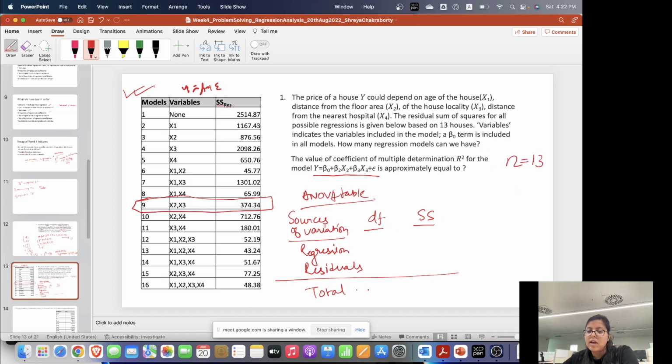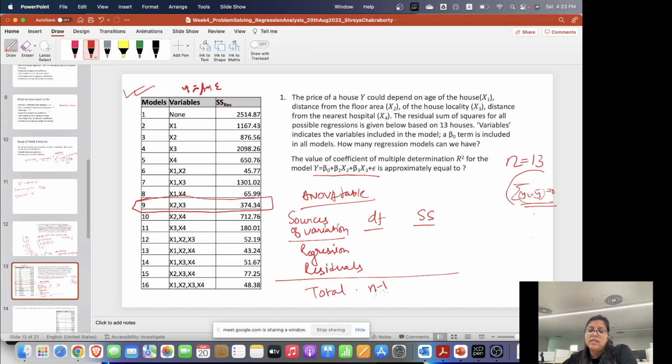So what will be my total df? This will be n minus 1. Why? Because summation yi minus y bar is equal to 0. We have this constraint. Out of the n y's, we can only choose n minus 1 freely. The rest will be chosen as per this criterion. So we have n minus 1 df, the total degrees of freedom.